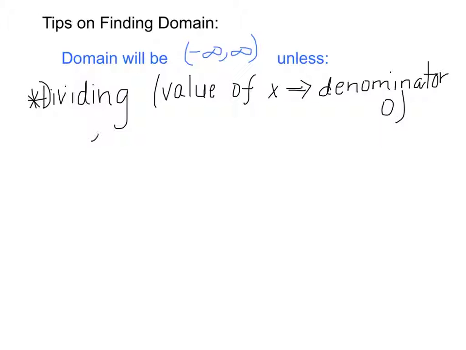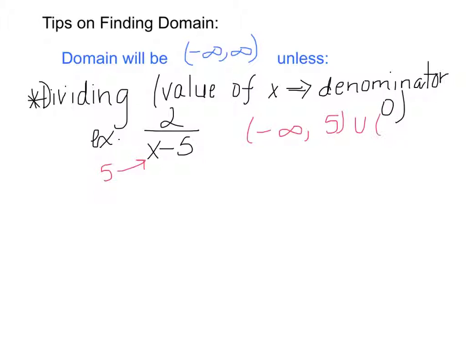And then an example would be something like this. So since 5 makes it 0, then it'll be negative infinity to 5, union 5 to infinity.